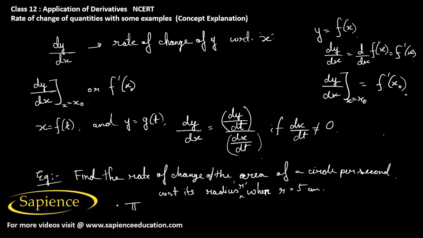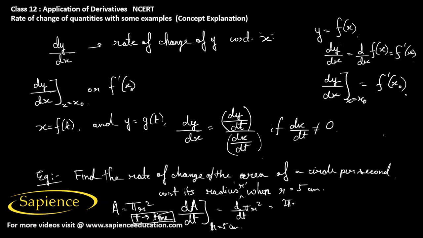We know that the area of a circle is pi r square. So here we have to find dA by dt, meaning the rate of change of area A with respect to t, where t is time. So dA by dt, when r is equal to 5 centimeter, will be d by dt of pi r square, which is 2 pi r into dr by dt.